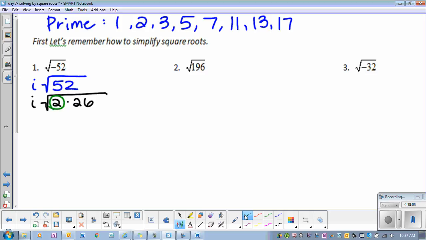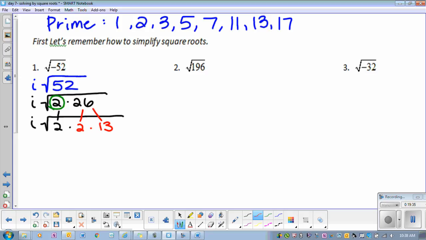All right, let me copy this over. I'm going to bring down that 2, and then 26 is what times what? 2 times 13.